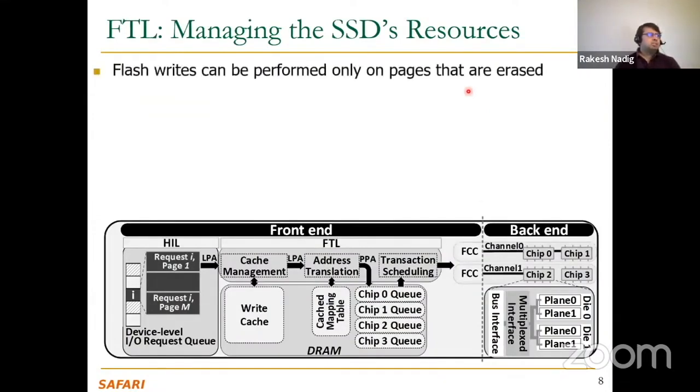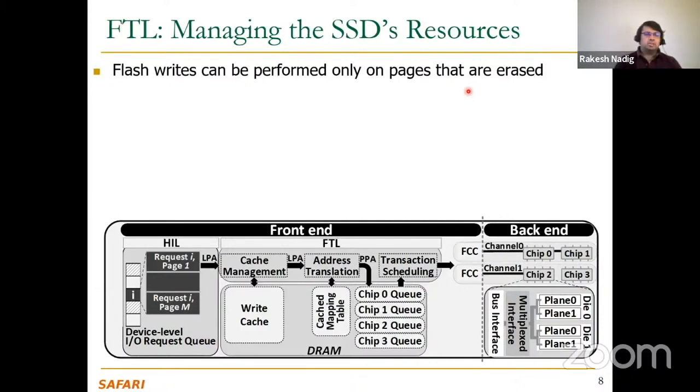Now let's look at the FTL in a bit more detail. The FTL, as I said, manages the SSD's resources. And why do we need the FTL? The reason is that flash memory has an inherent limitation: any new write to a page should be preceded by an erase operation.